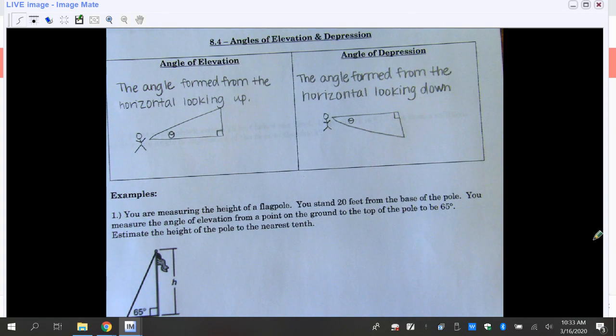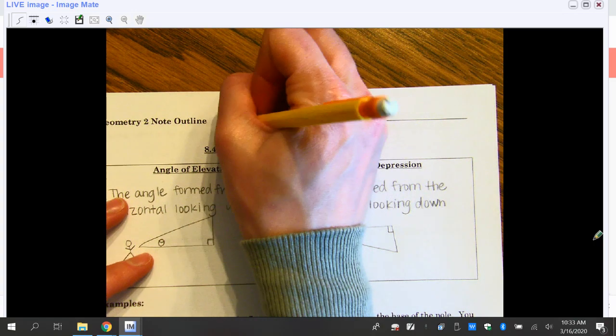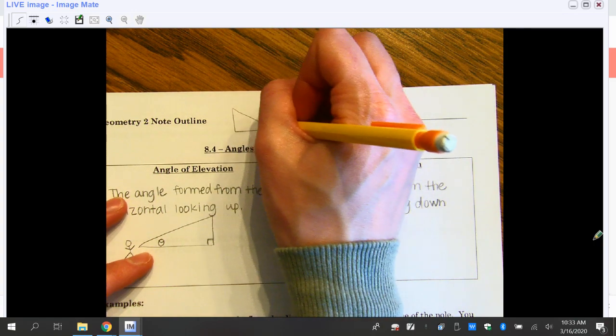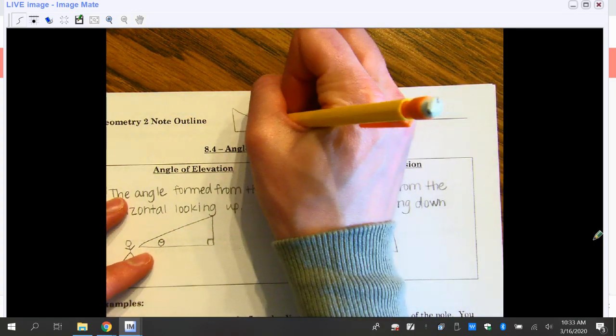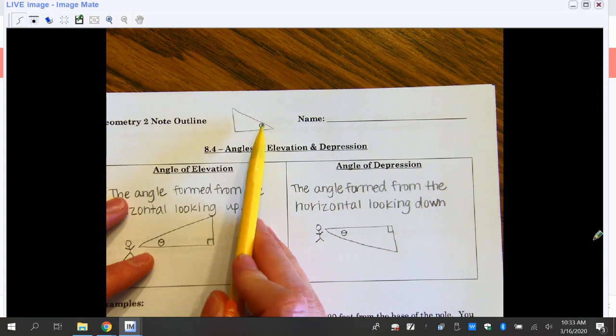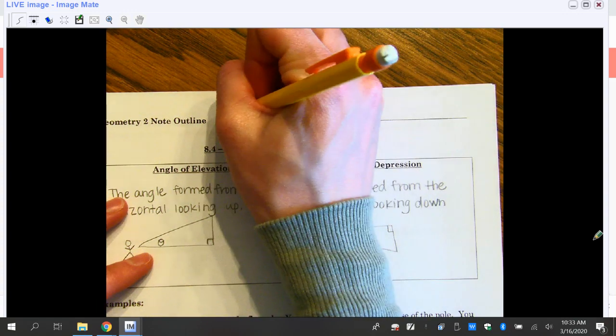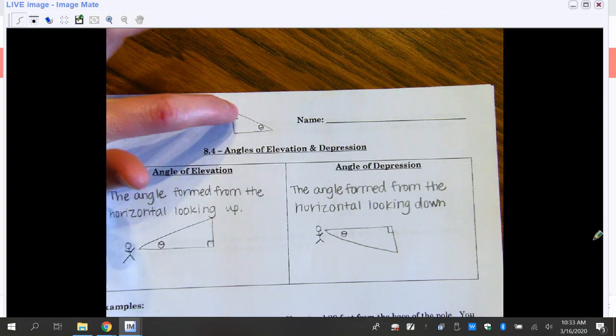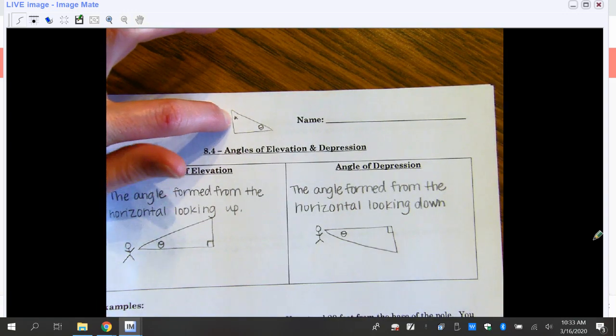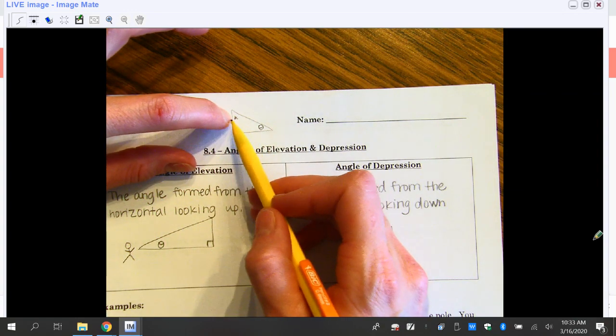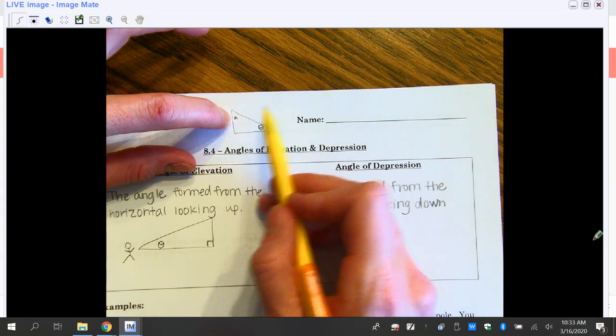So what a lot of people want to do is, when you hear the word angle of depression, you just think of a right triangle, right? This would be the angle of elevation because it's the angle from the horizontal looking up. This right here is not the angle of depression, right? This is not the angle formed between the horizontal looking down.